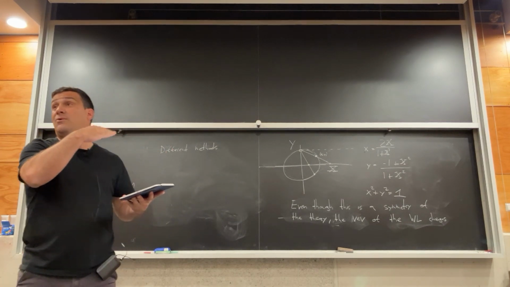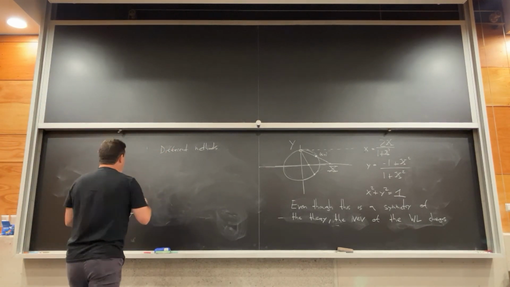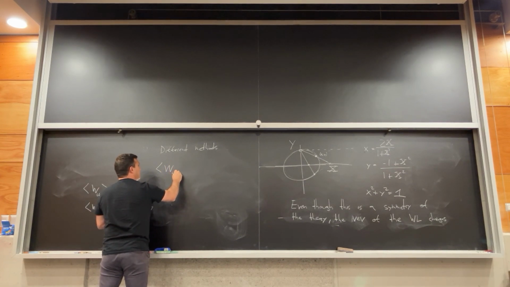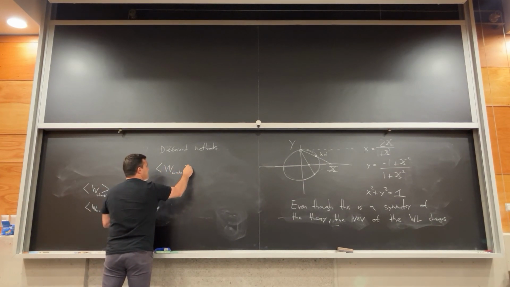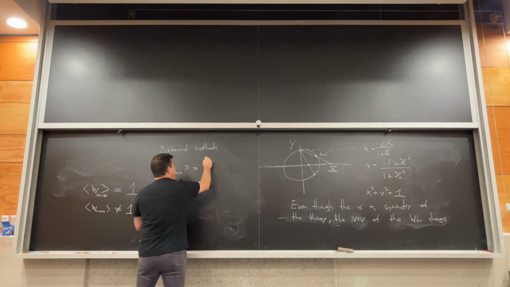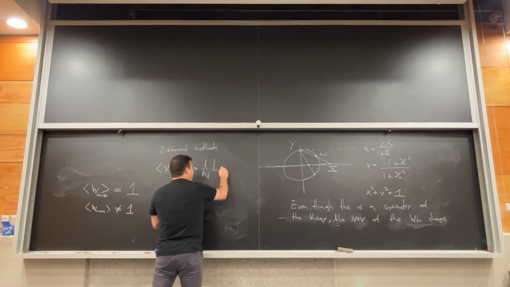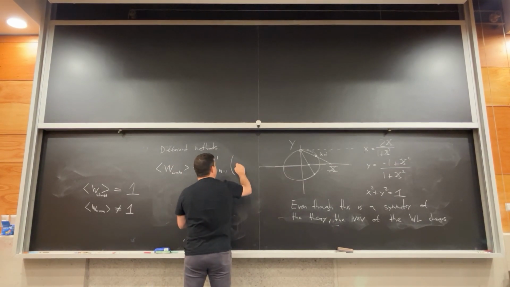That's one of the reasons we're focusing on this. So the expectation value of the circular loop is 1 over N, times a generalized Laguerre polynomial of lambda over 4N.